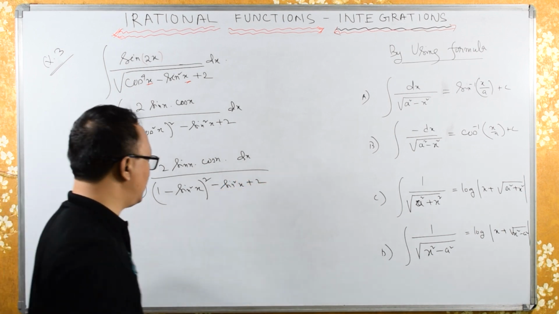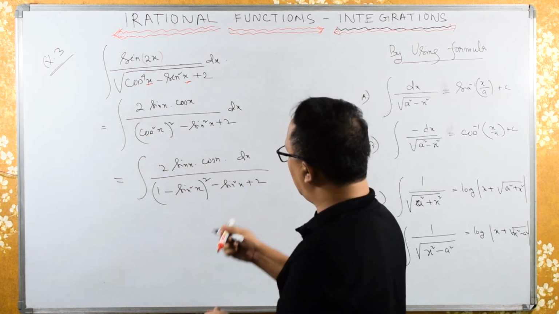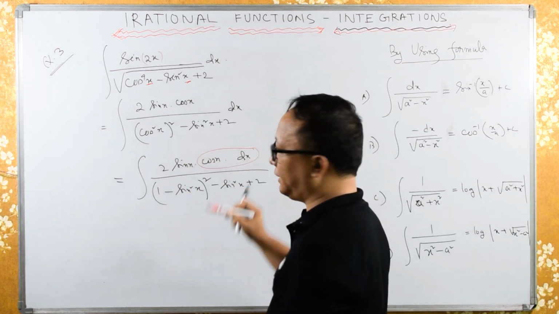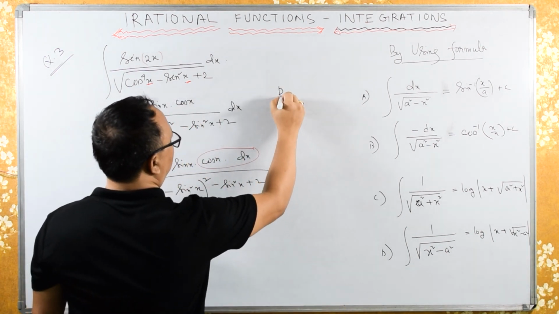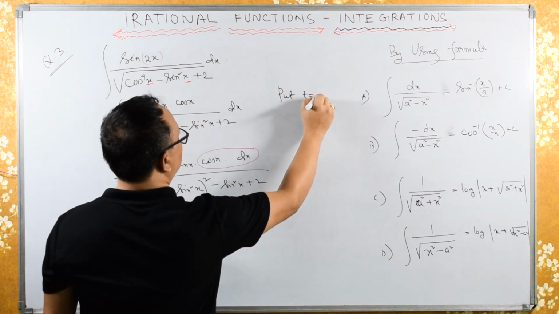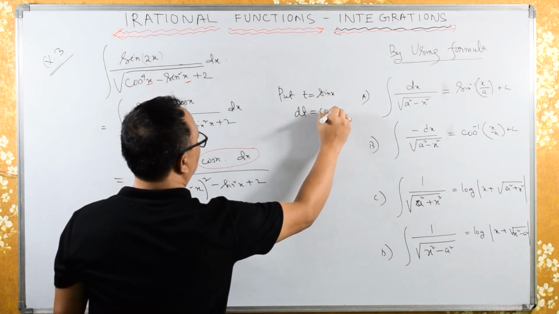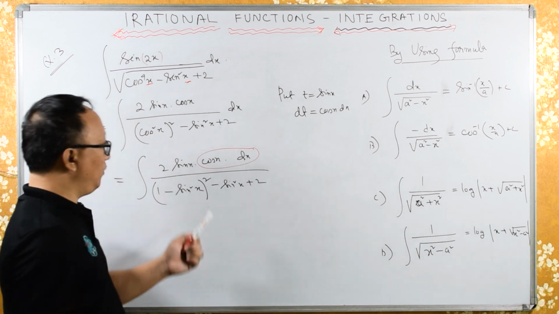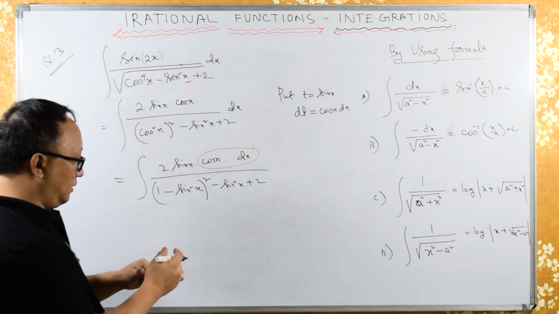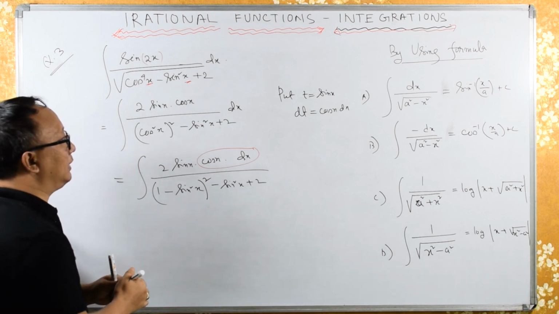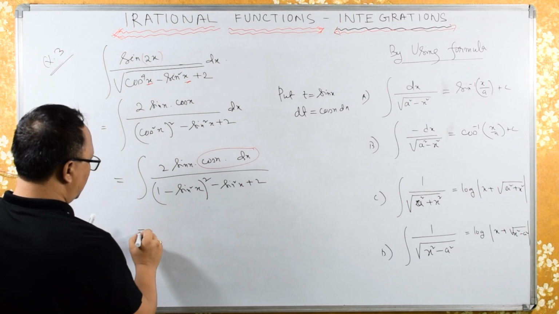Why am I doing this? Because if I substitute t equals sine x, I will get cos x dx as dt. Now if I put t equals sine x, my dt will be cos x dx. Now the whole thing will be in terms of algebraic terms.